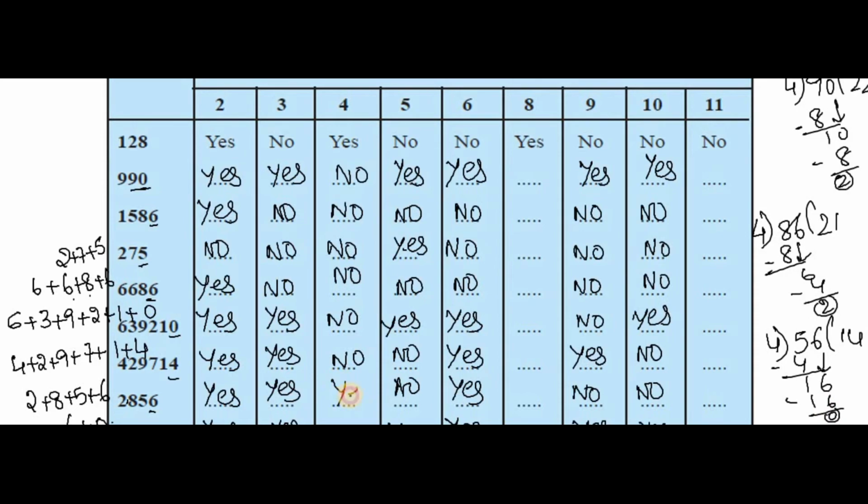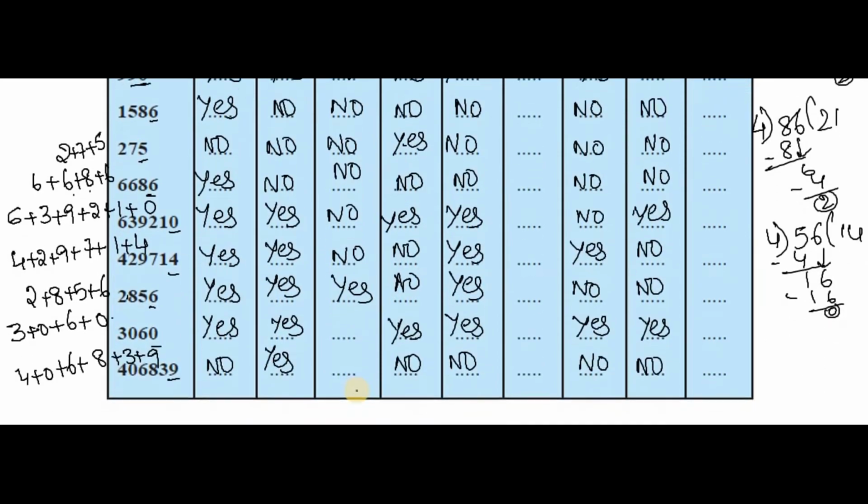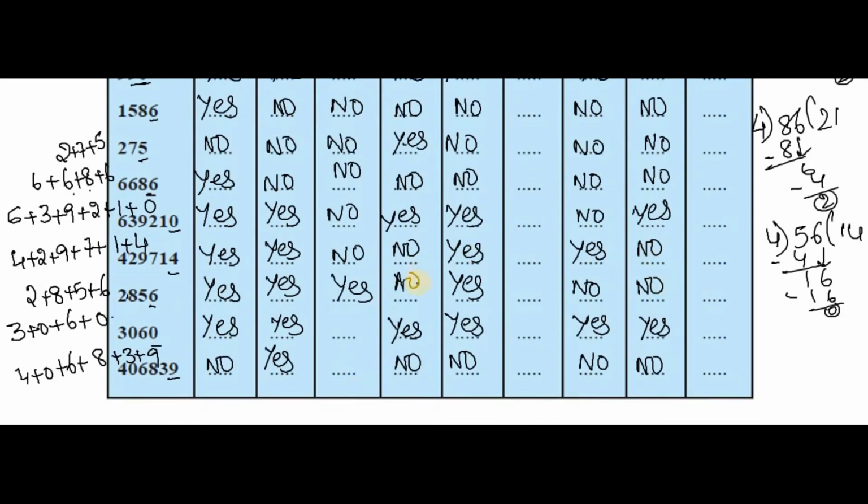So in the 4 table 2856 is divisible. And next 60. 15 fours are 60, so that is the reason it is divisible by 4. 39, in the 4 table you will not get 39. In this way you can check for the 4 table.